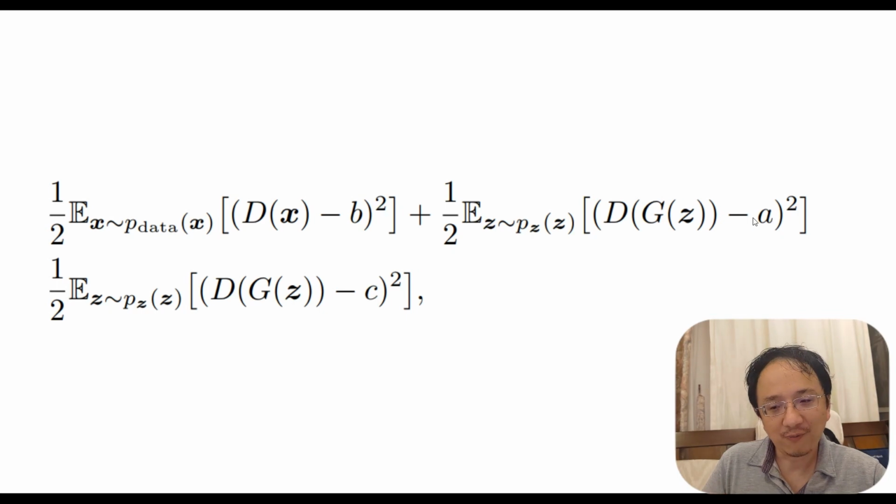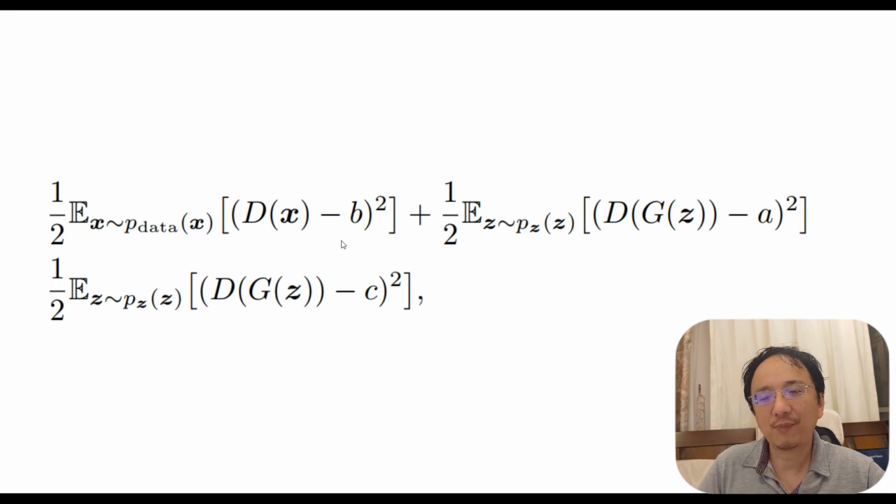Instead of making D(x) better when x is a real image, it forces the D(x) output to be b exactly, no more and no less. The same thing happens when we take a fake image. And for the training of the generator, we are pushing the output of D(G(z)) to be c.